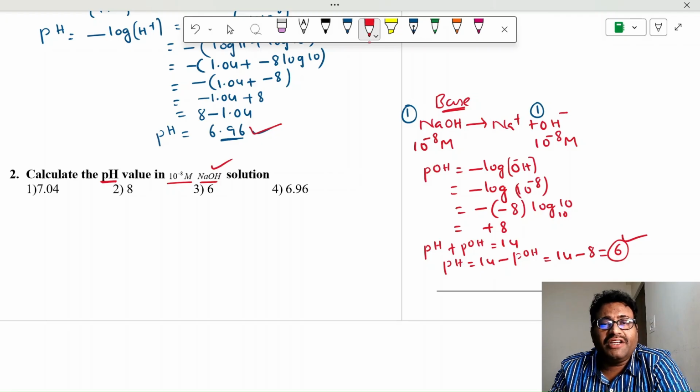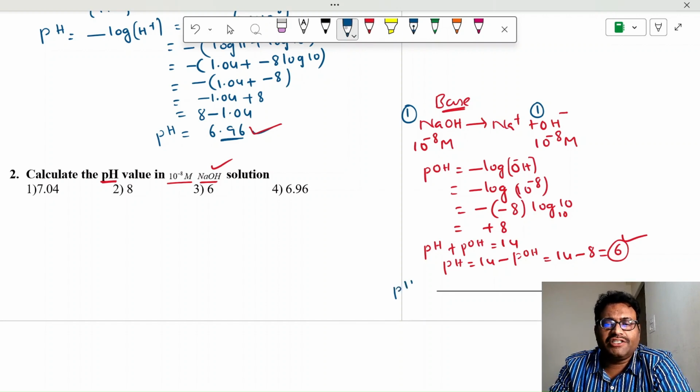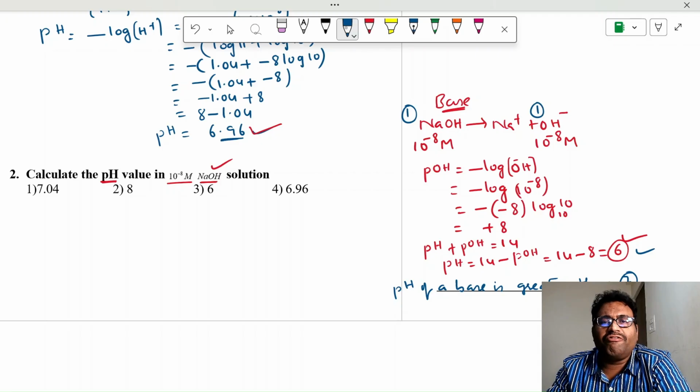The pH of a base is always greater than 7. But here we have found that the pH of this base is less than 7. So it is not possible. This is not correct.